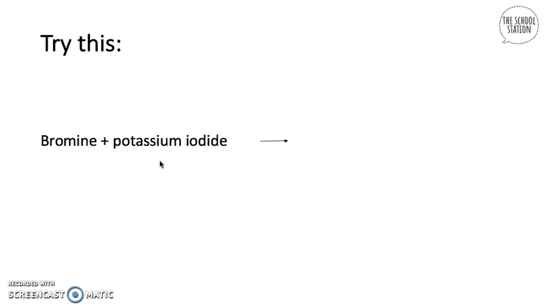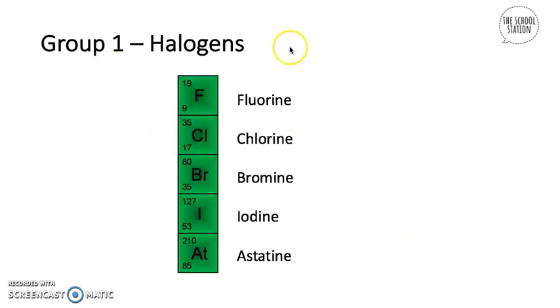Alright, I hope you have written down the question, and now I'm going to go to this side over here. This is the halogens, and you can see this is the group. So again, you can just see which is more reactive and which is less reactive.